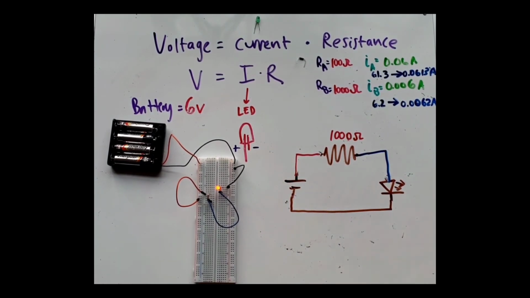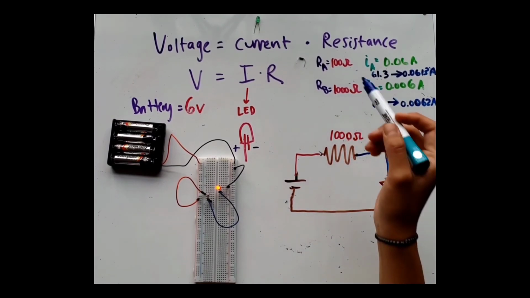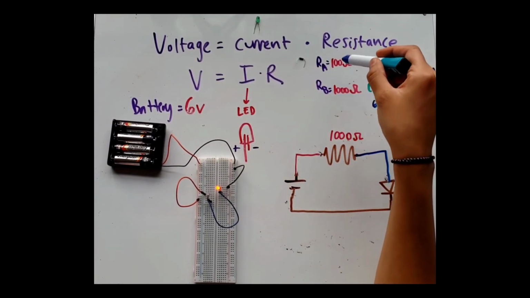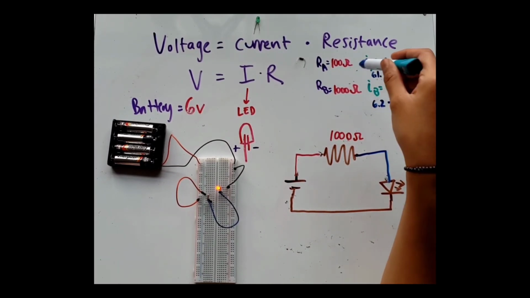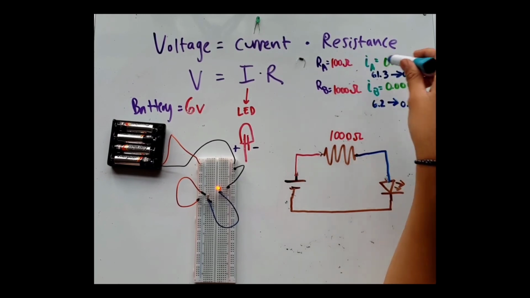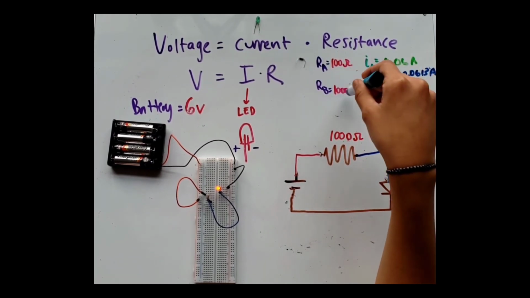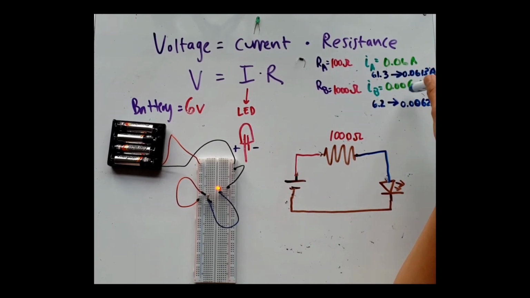The main thing you need to learn from using Ohm's law is that when I have a voltage and a specific resistance, it's going to affect my current. In this case, low resistance makes a brighter light or more current, right? And more resistance means a lower current or a dimmer light.